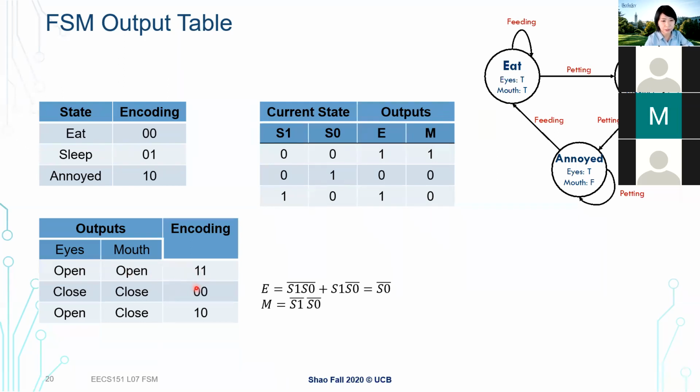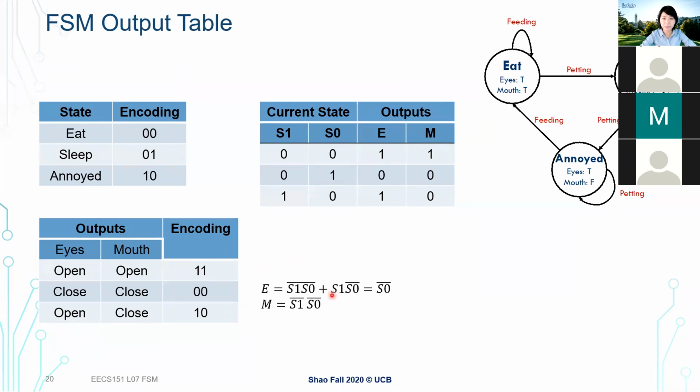If they're both closed, we have 0 and 0. But if one is open and the other is closed, it's 1, 0 here. So we encode both the state, using the same state encoding as what we saw before, and then we encode the output of our eyes movement and also the mouth movement. Again, once we see the truth table, we can also turn that into a Boolean expression here.